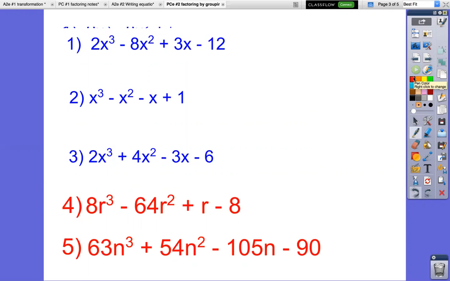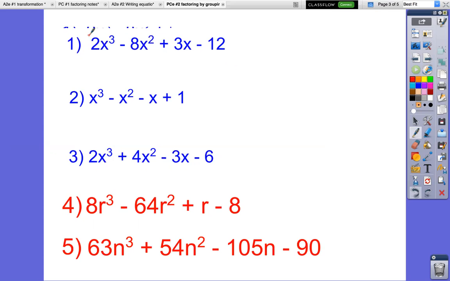So I like a lot of interaction here. I'm going to pull up your screen here in just a second, but I'm going to walk you through number 1. I'm going to walk you through number 2, 3, 4, and 5. I'm going to kind of open up and start to ask questions. So what you're trying to do is group these together to get a common expression in the parentheses. And I'll show you what I mean.